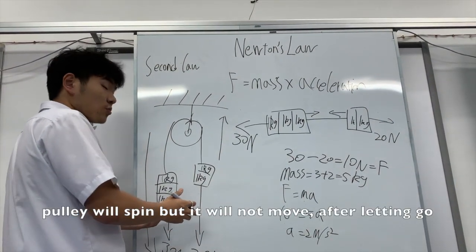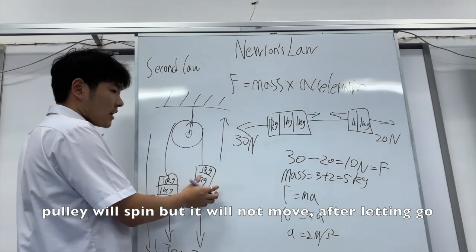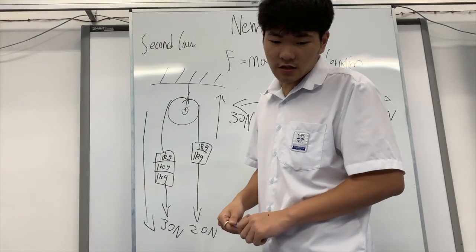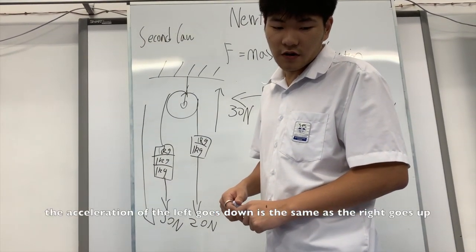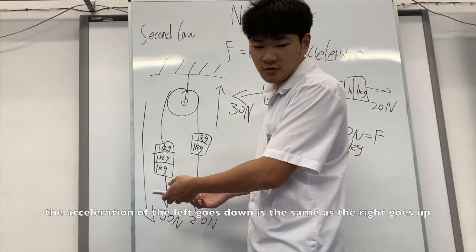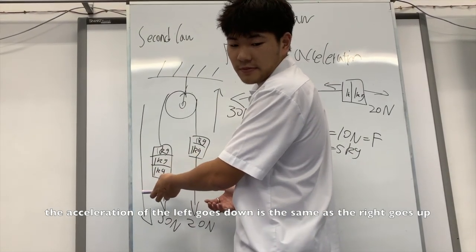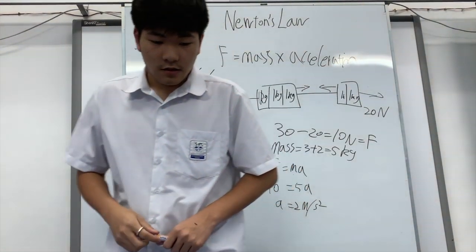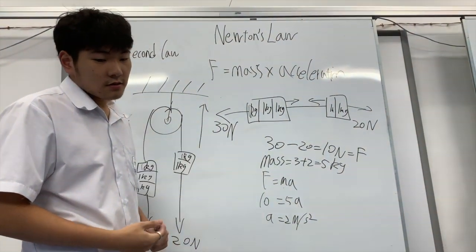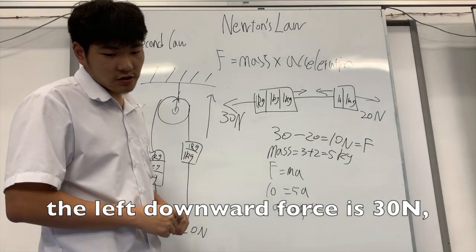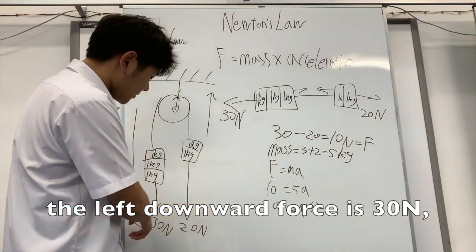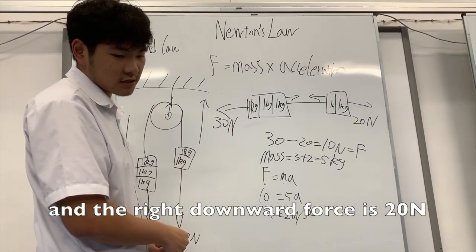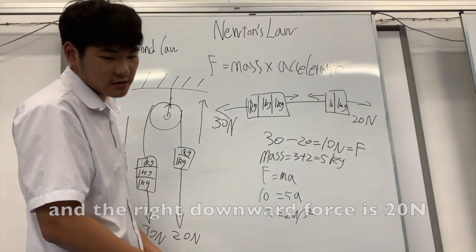If we use two hands to hold the two sides and let go, the acceleration of the left side going down is the same as the right side going up. The left side going down force is 30 newtons, and the right side going down force is 20 newtons.